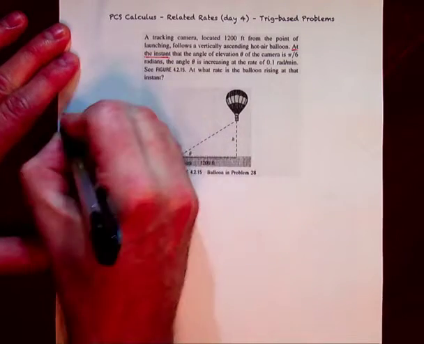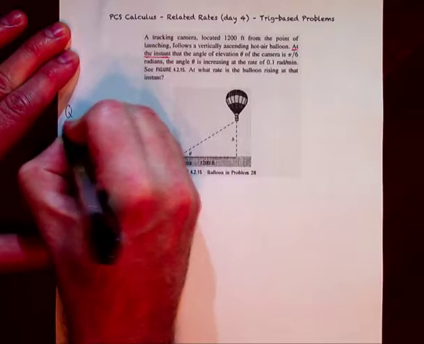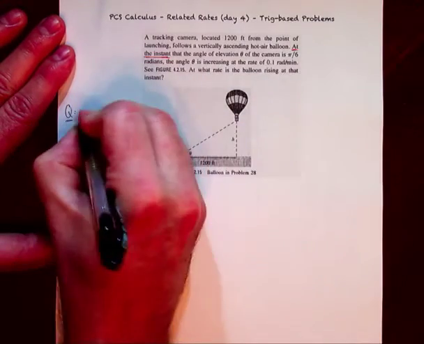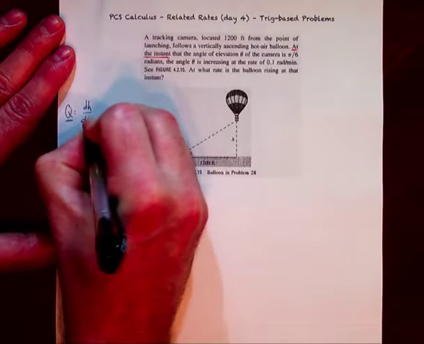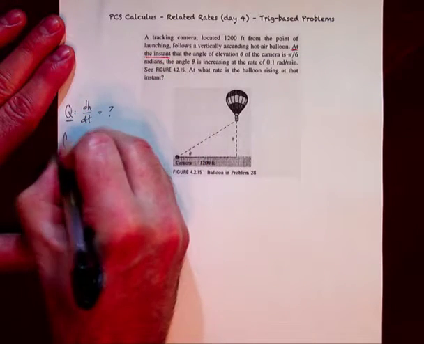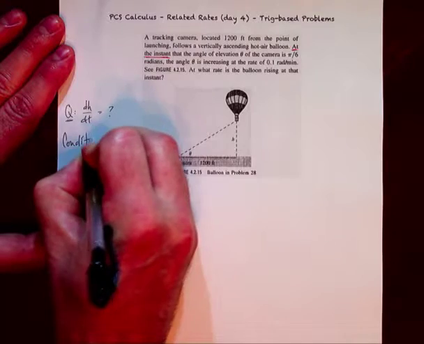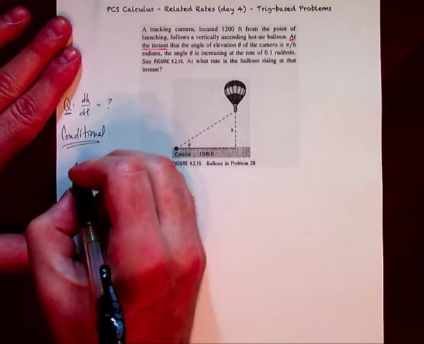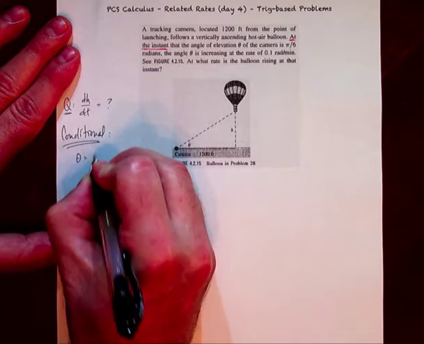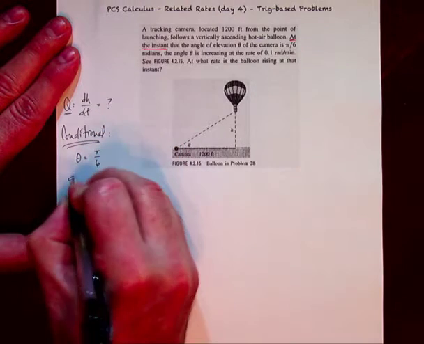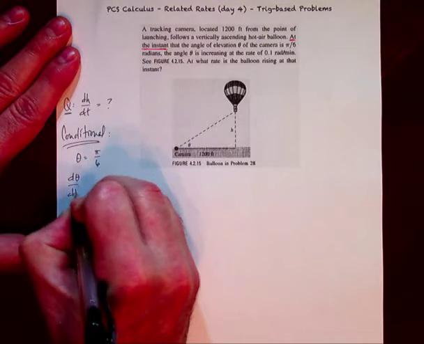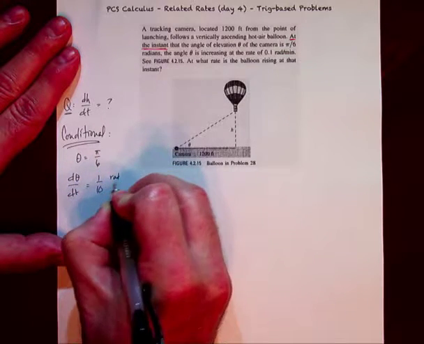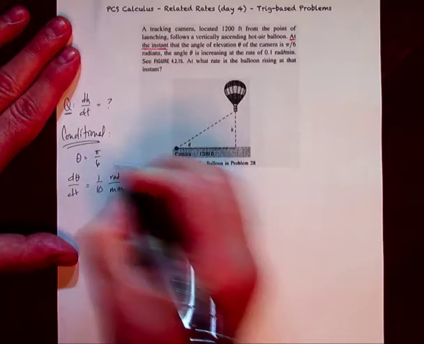So we are basically being asked the question of what is, and that's h right there, what is dh dt when theta is equal to pi over 6 and d theta dt is equal to 1/10 radians per minute.